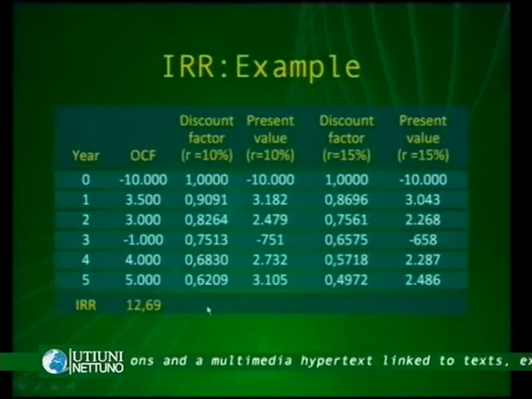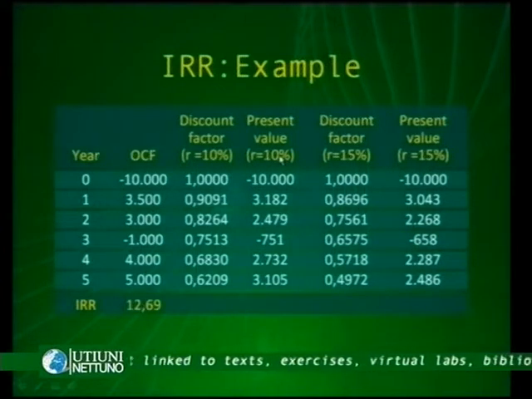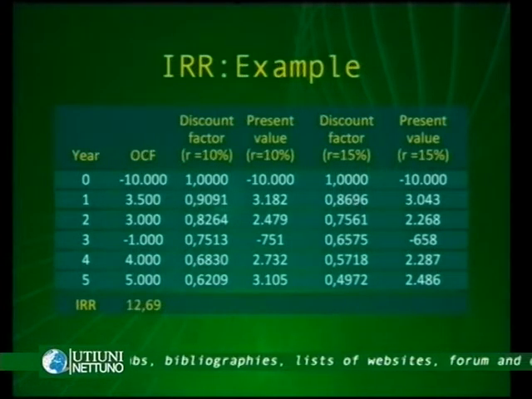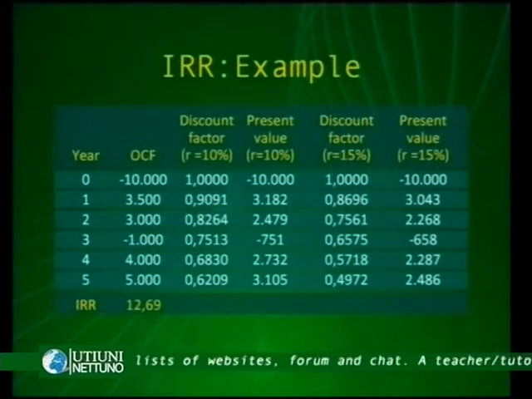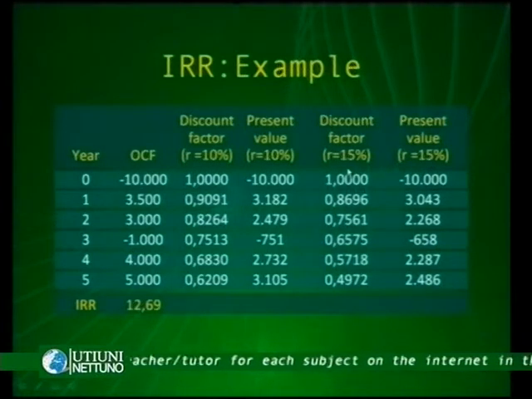Then the interesting thing that I would like you to notice is that the IRR calculation does not really depend on the choice I made about the discount factor. Here, in fact, we have the same calculation we had in the previous slide, with the discount factors and the present values of the operating cash flows for different choices about the discount rate, 10% and 15%.